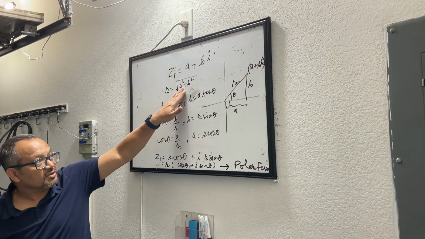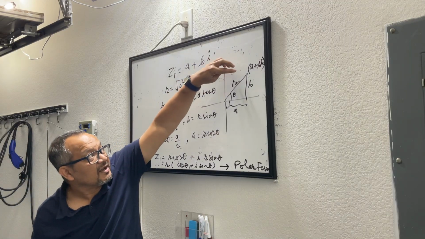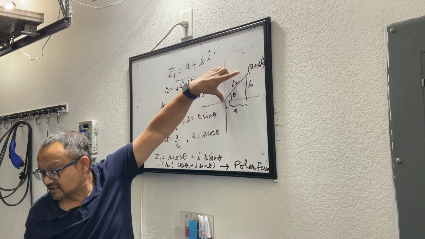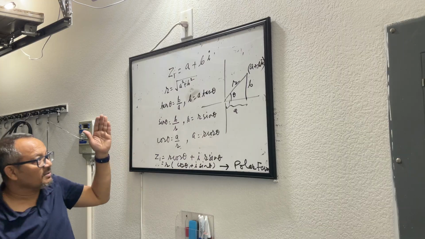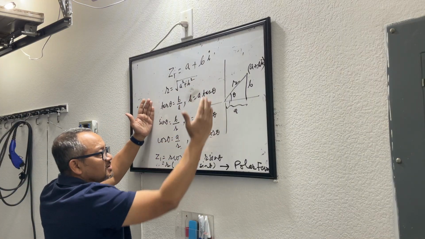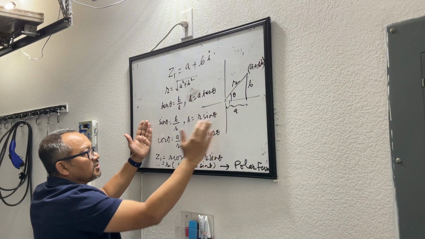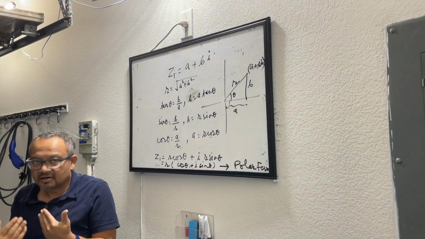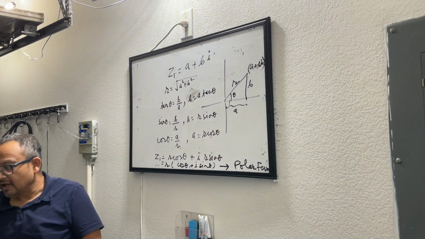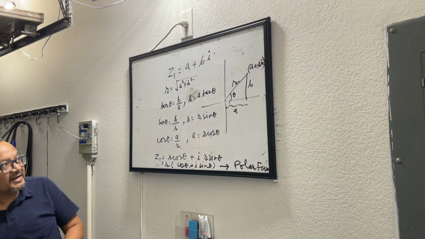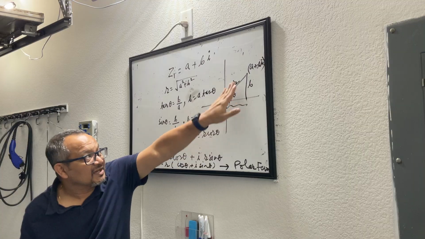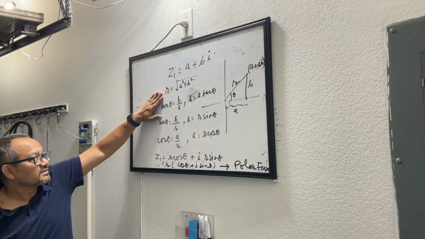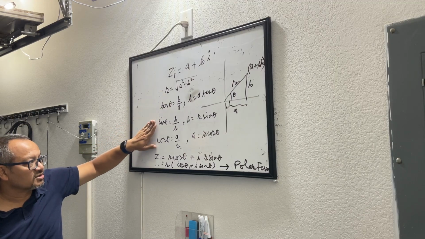So that is my magnitude. This distance is my magnitude, where a and b, square of this plus square of this, square root will be this length. Now what I am doing is I am applying my trig functions to relate a, b and r. And once we relate r in terms of a and b, and relate a and b in terms of r, basically using the same trig functions, I have done nothing fancy here, right? I have done what is tan theta, what is sin theta, what is cos theta.